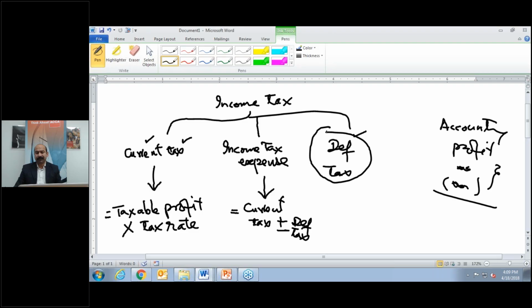Basic concept of deferred taxation, with the help of an example: how it is created, and then we link it with the underlying concept of tax base.